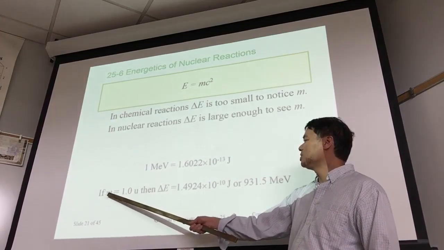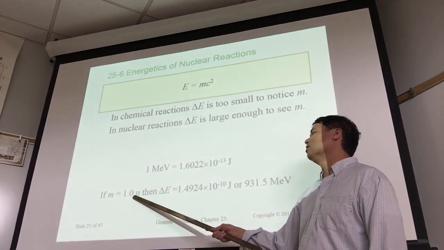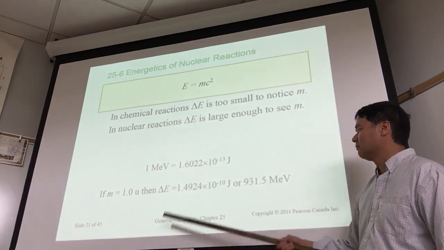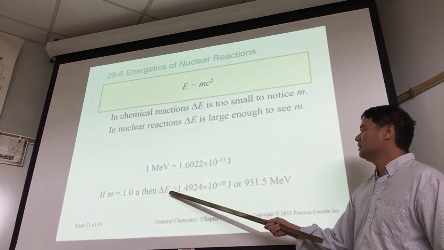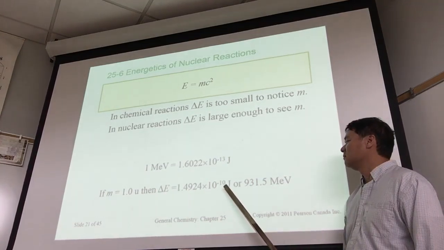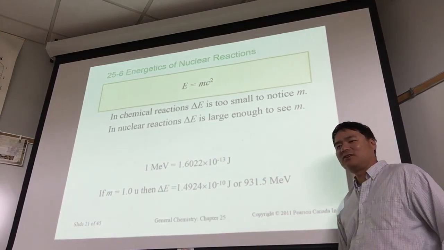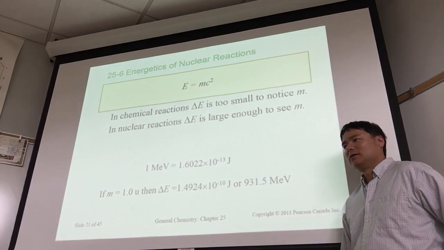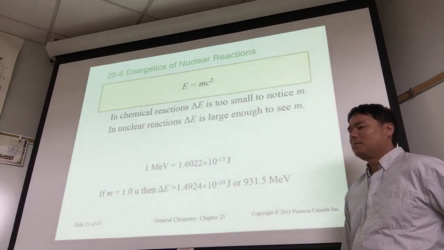So if the mass change is 1 u, which is gigantic, then delta E is 10 to the minus 10 joules. Well, how much coffee can you heat up with 10 to the minus 10 joules? Not much.